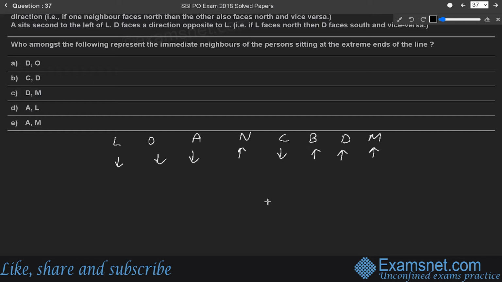Here, the question is who amongst the following represent the immediate neighbors of the person sitting at the extreme ends of the line? We can clearly see that extreme ends of the line are L and M. So sitting next to it will be O and D. So we can say that the correct option will be option number A, which says D and O.